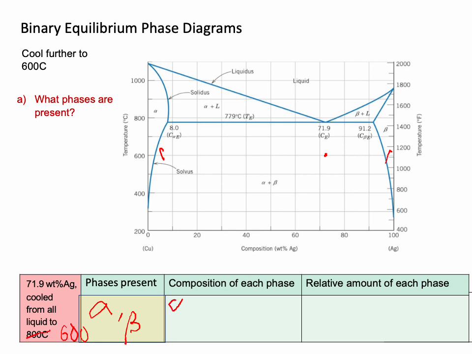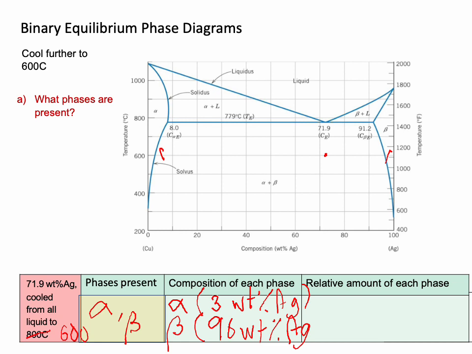We did this before. Alpha is 3 weight percent silver. Beta is 96. The two endpoints of my isotherm.